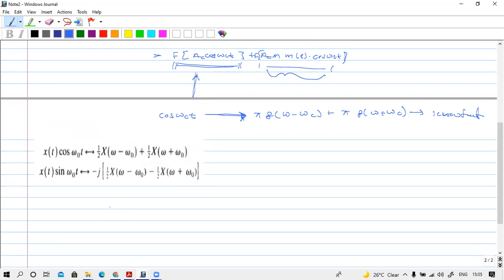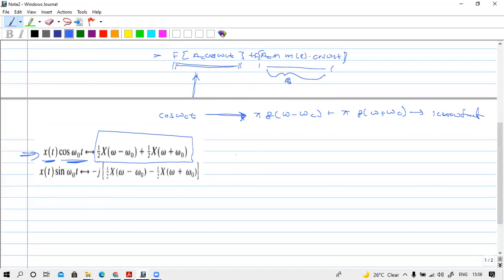In the modulation theorem, if we have the Fourier transform of x(t), then x(t) multiplied by a cos signal gives this result. So we can use this result to evaluate the Fourier transform of this part.